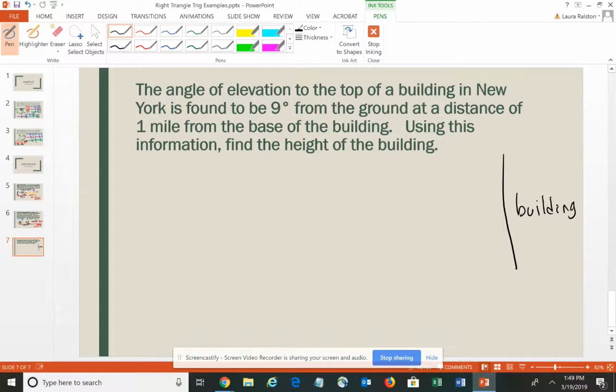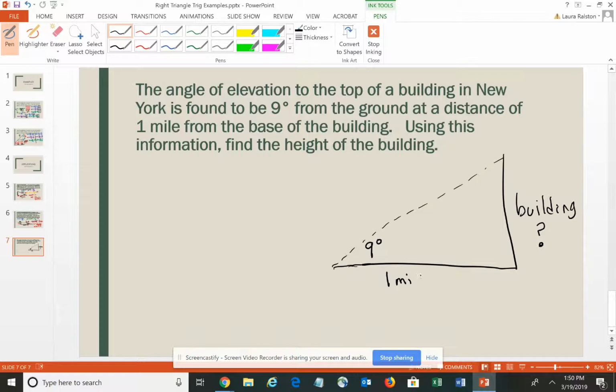And it says if you go 1 mile from the building, okay, the angle to the top of the building then is 9 degrees. Okay, and we ultimately want to know how tall is the building.